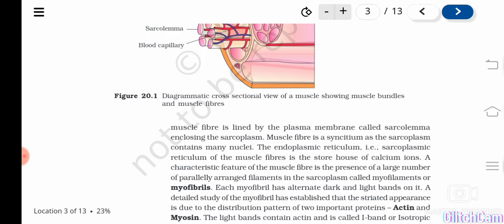The muscle fiber contains a number of parallelly arranged proteinaceous filaments, and these filaments are known as myofibrils.